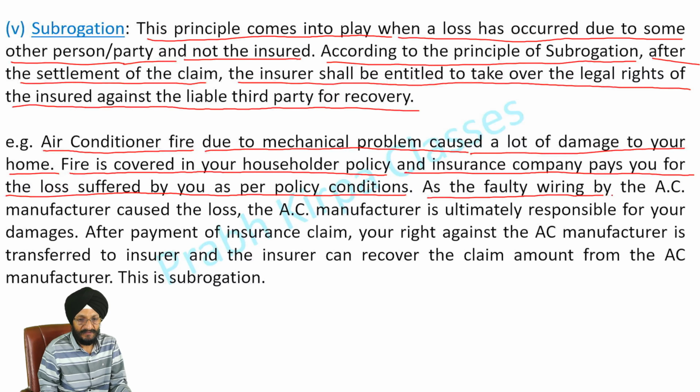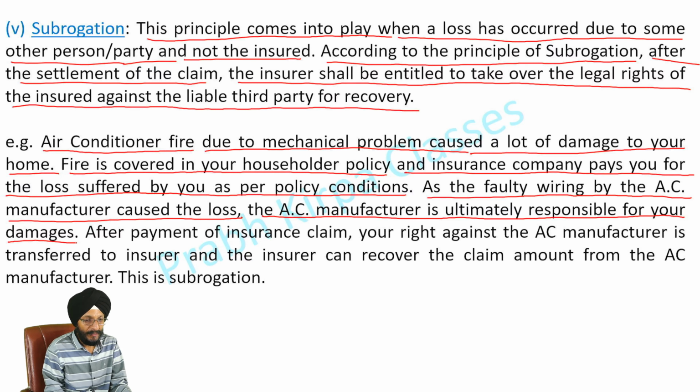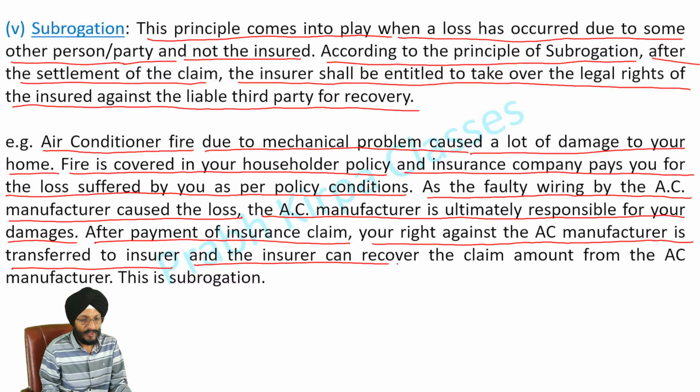As the faulty wiring by the AC manufacturer caused the loss, the AC manufacturer is ultimately responsible for your damages. After the payment of the insurance claim, your right against the AC manufacturer is transferred to insurer and the insurer can recover the claim amount from the AC manufacturer. This is known as subrogation.